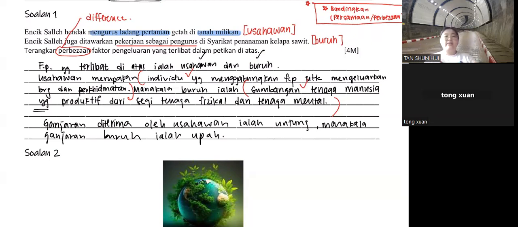Okay, so usahawan will get untung, profit as a return. But workers will get a salary as a reward. Understand? Good. Okay, so you can also get 2 marks from here. Like you tell me usahawan get untung, buruh get upah.